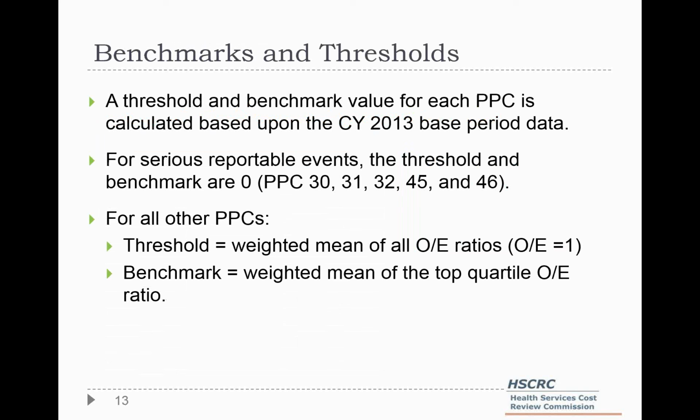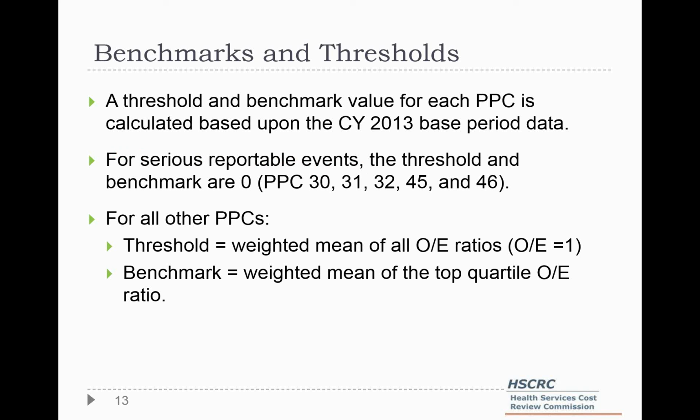The new methodology uses benchmarks and thresholds to assign points to hospitals for each PPC. This is similar to the way that the Maryland QBR and the Medicare VBP programs work. The threshold and benchmark values are calculated using the 2013 data. Also, however, we've added something called serious reportable events, and for these PPCs, the threshold and benchmark are 0.